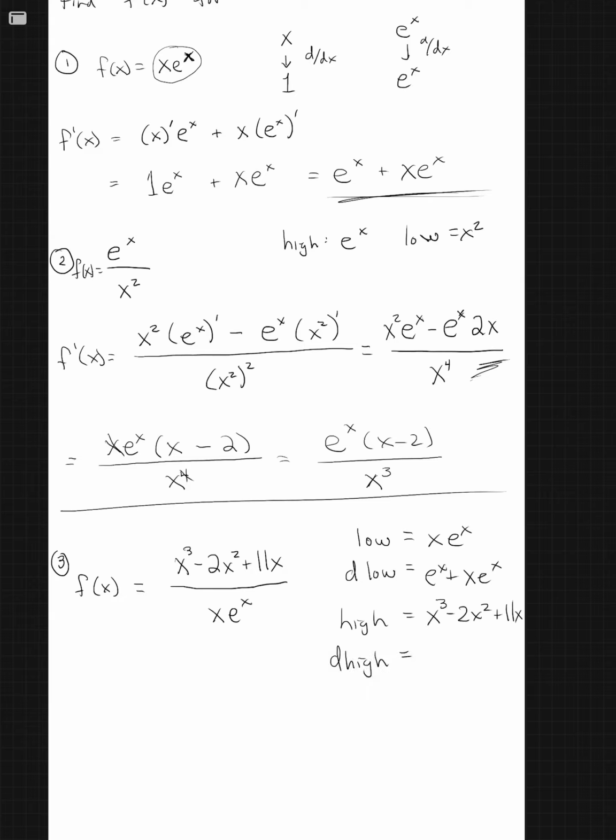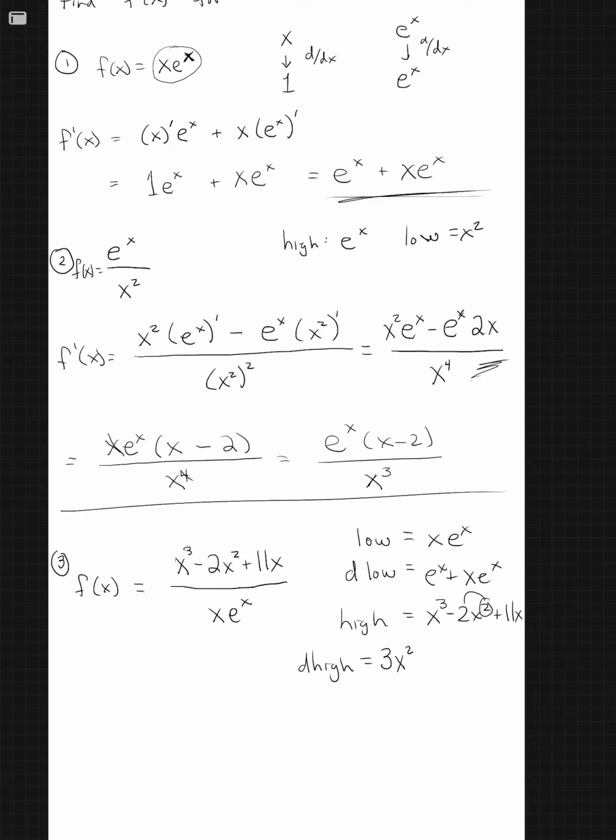Right, d high, we're going to have to use our power rule from last time. Right, so for the first term, we're going to bring that 3 down and move the power down to a 2.